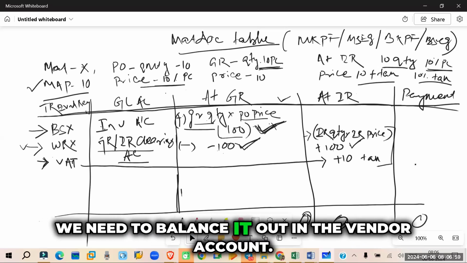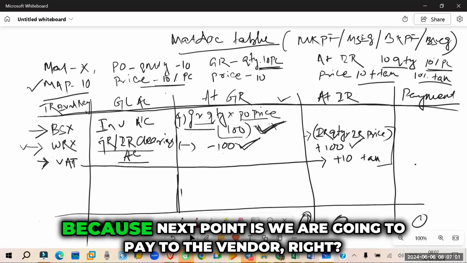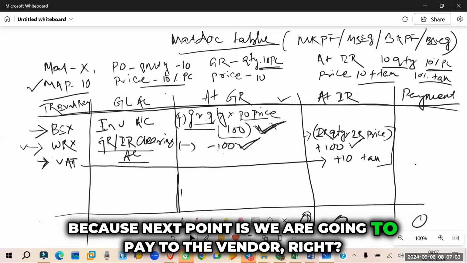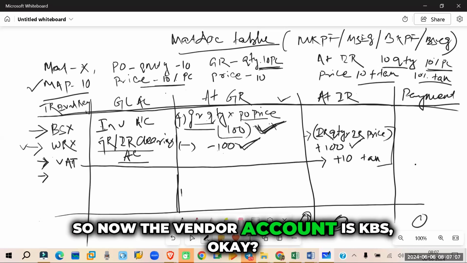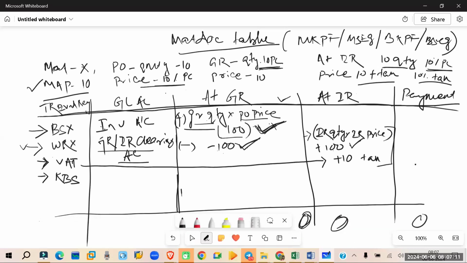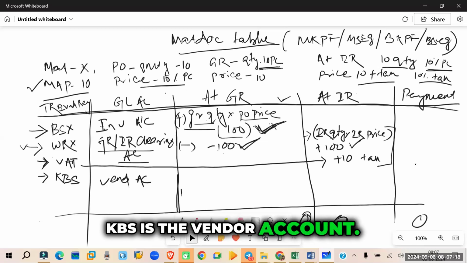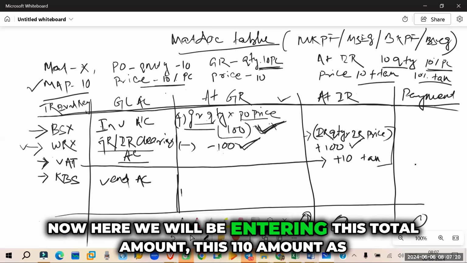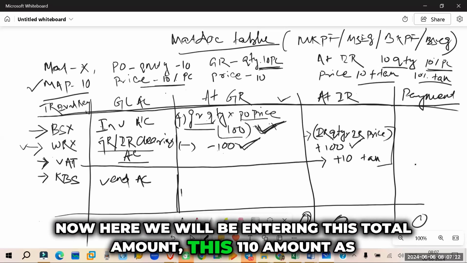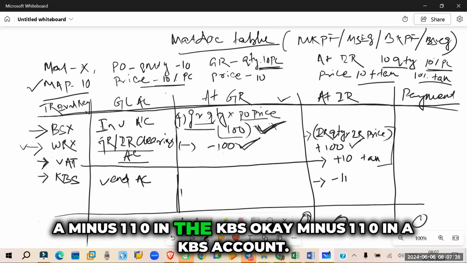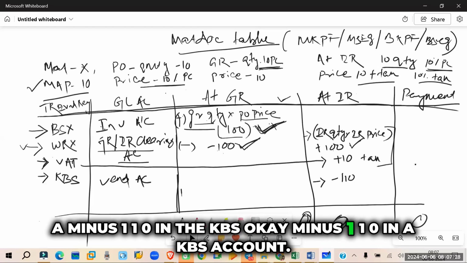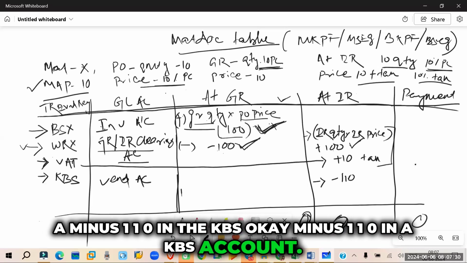We need to balance it out in the vendor account, because the next point is we are going to pay the vendor. The vendor account is KBS. Here we will enter this total amount, this 110, as minus 110 in the KBS account.